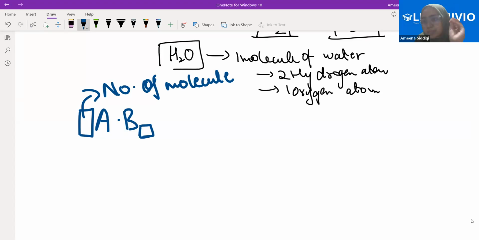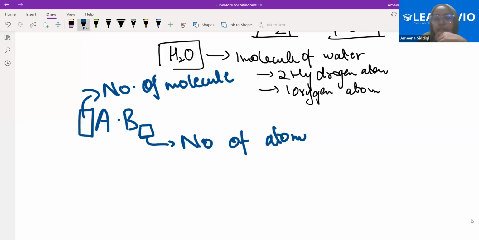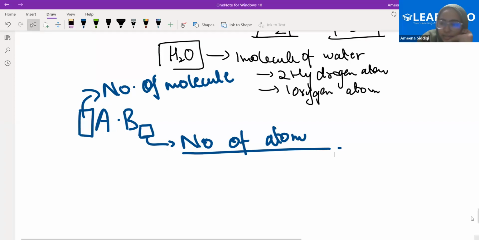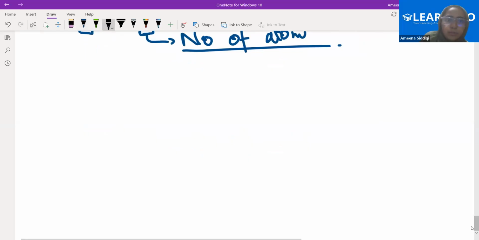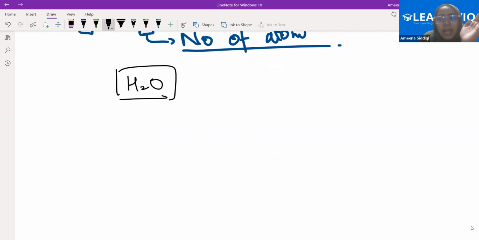Any number in the subscript is for just that particular atom, and that will tell me the number of atoms. If you are able to recall, this is something related to atomicity. If you have understood this part, I will come back to the water molecule. If I write this, it's one molecule of water, and one molecule of water will have two hydrogen atoms and one oxygen atom. Clear?